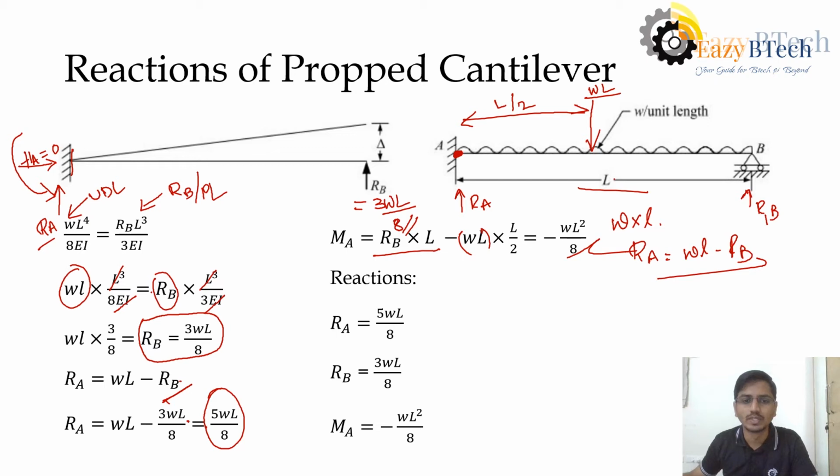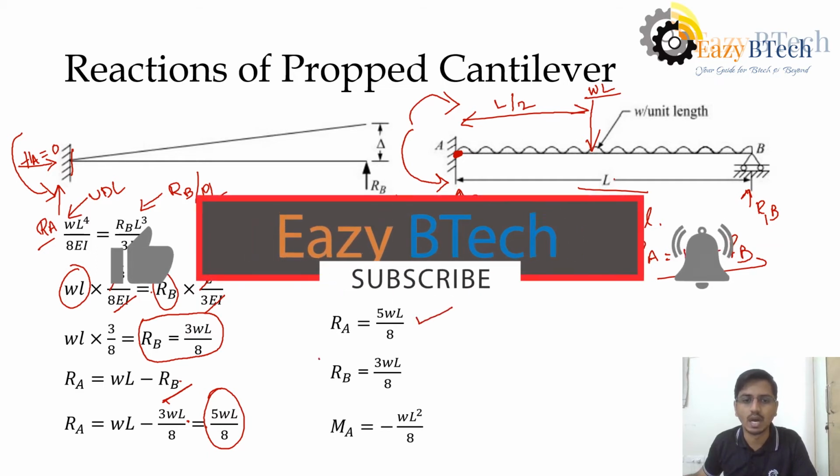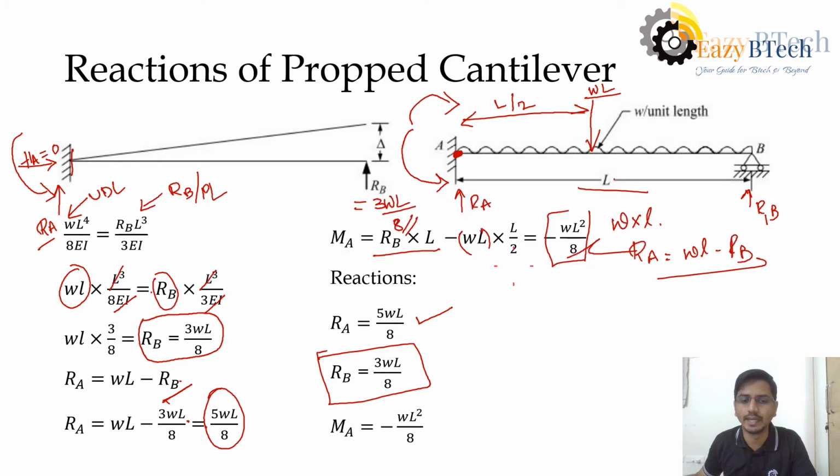When we solve this, we will get the moment as WL squared by 8 in the negative direction, that is hogging. So we assume this one as hogging. Sagging in essence, the moment will come in clockwise direction. Now, from this problem, we have found by equating the deflection formula that RB equals 3WL by 8.